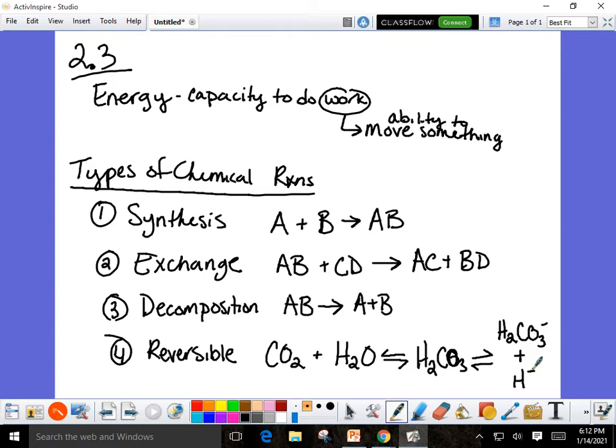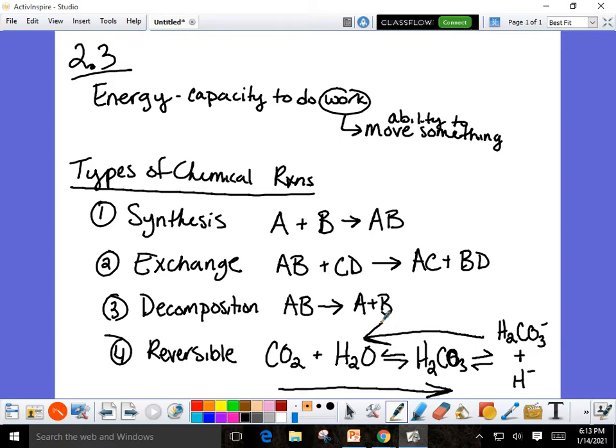If in the body at any point there is too much carbon dioxide, the reaction is going to go in this direction. If at any point your body is too acidic, too many hydrogen ions floating around, then the reaction will go the other way. So it depends on what's available, what substrates are around.